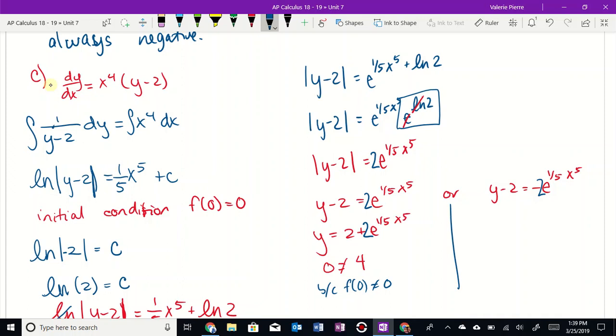So now let's try the other side. We have y equals 2 minus 2e to the 1/5 x to the fifth. If we plug in our initial condition, 0 does equal 0. Therefore, f of x equals 2 minus 2e to the 1/5 x to the fifth.